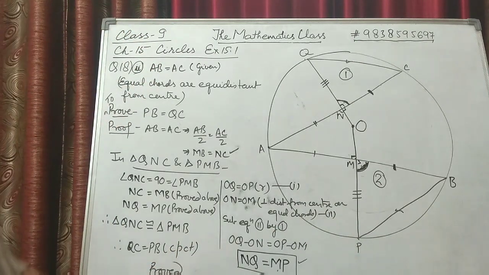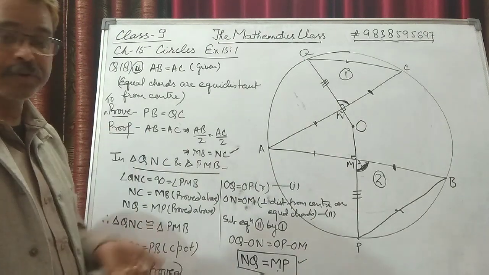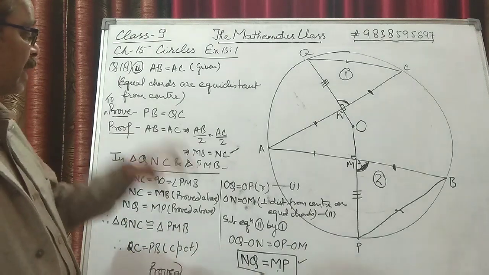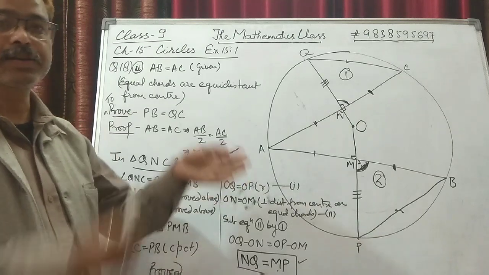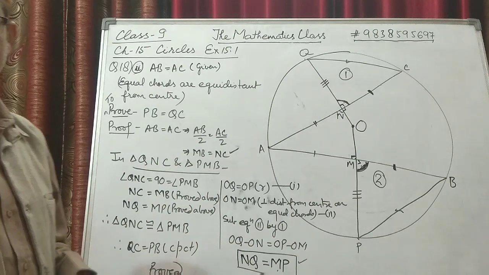Hence proved. In this question we are using congruency that you must have studied in the previous classes, as well as the theorems of the circle that we studied just now. So this is the solution of the question.